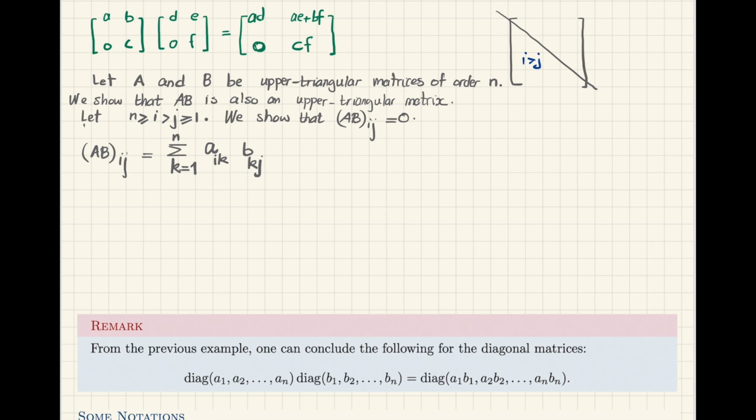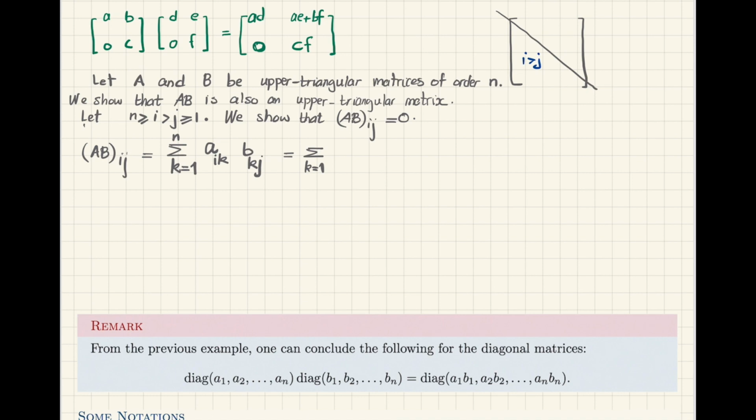Because i is greater than j, I can expand this sigma. I am supposed to consider all cases from 1 to n, but I can consider them case by case.